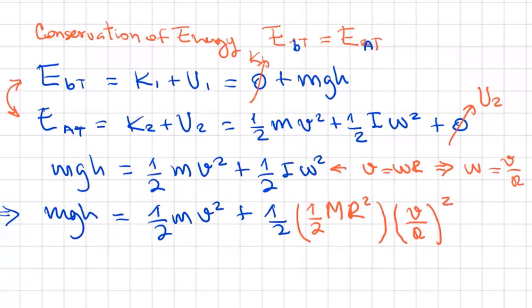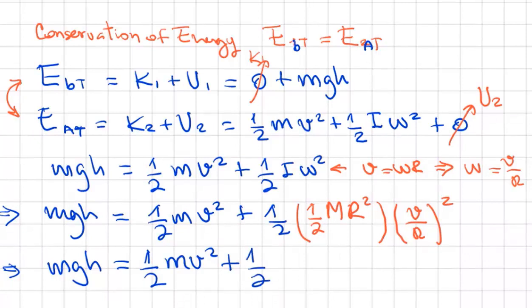Okay, easy. So I do some algebra here, then I will have mass gh equal to 1/2 of the mass v squared plus 1/2 of the mass r squared, v squared over r squared.